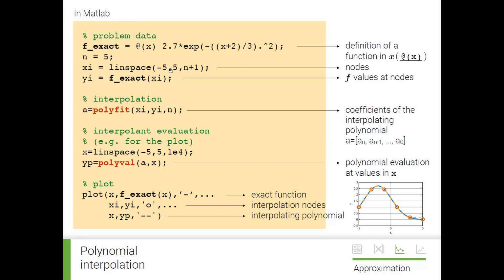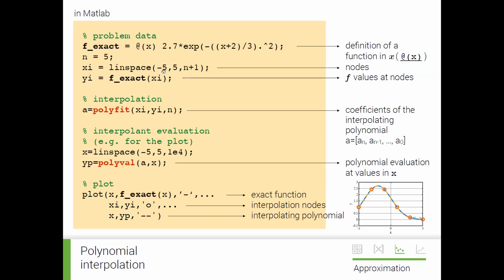So what does this linspace mean? It generates linearly spaced vectors. From -5 to 5, n plus 1 points will be generated with this command, linspace.